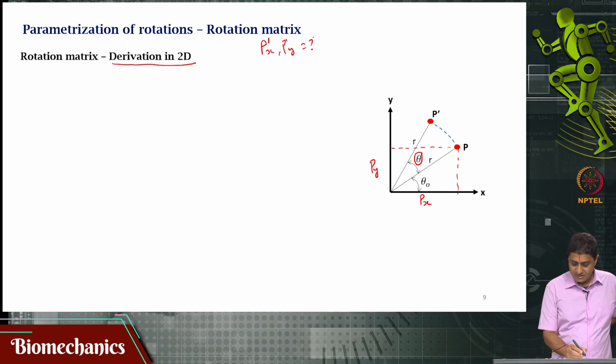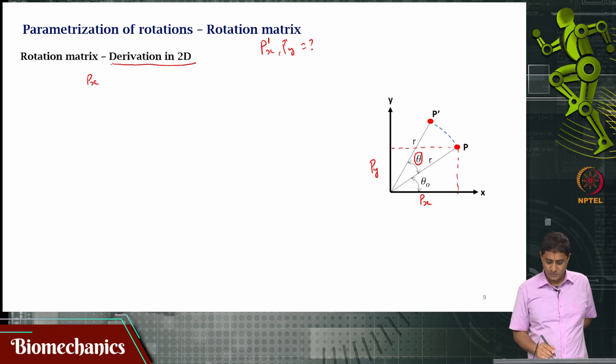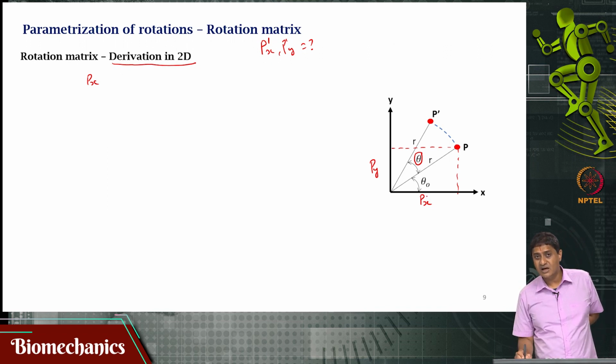I can write the value of Px in terms of r and theta naught. What would that be? Px is forming the adjacent side of this right triangle, is it not?